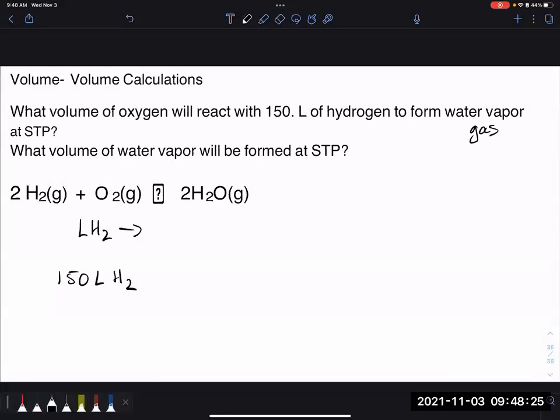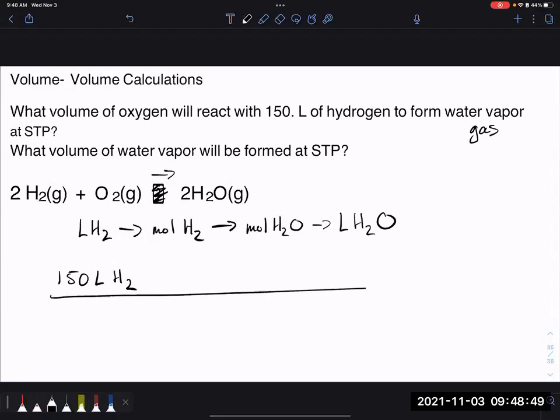So we convert to moles of H2, then to moles of H2O, and then finally to liters of H2O. And again, a key here is that we're at STP.